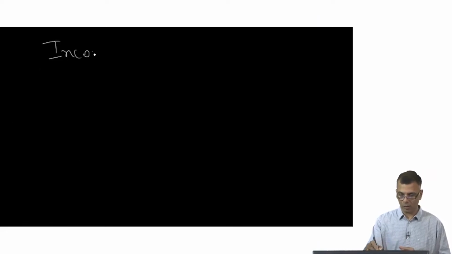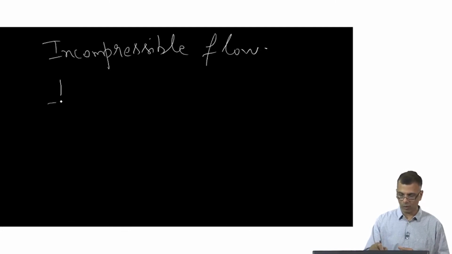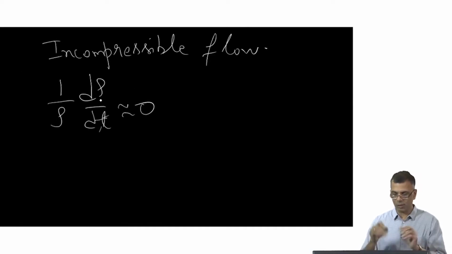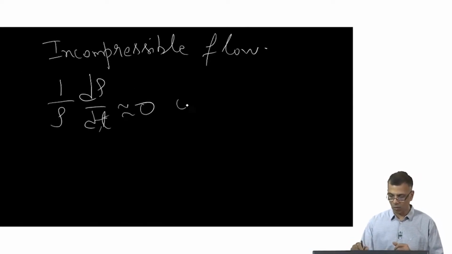An incompressible flow is one where the material derivative of density is equal to 0. In other words, the changes in density as discerned by a Lagrangian observer are 0.